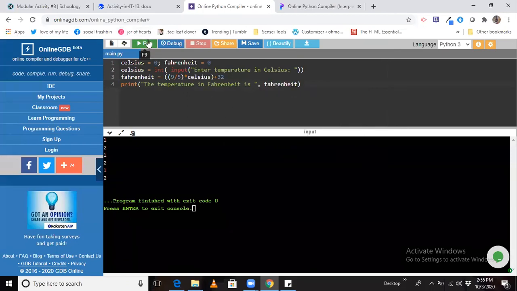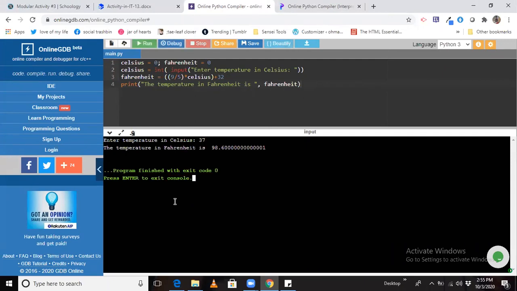Okay, run. Let's check. Everything good? Yes ba? O, run natin. Temperature. Ano ba yung Celsius? 37 degrees Celsius.